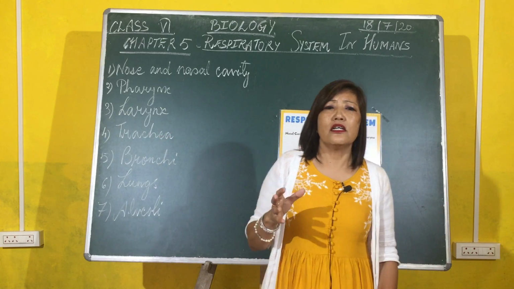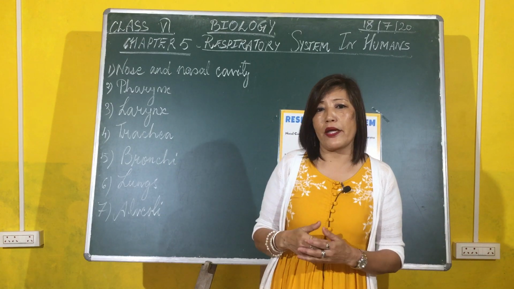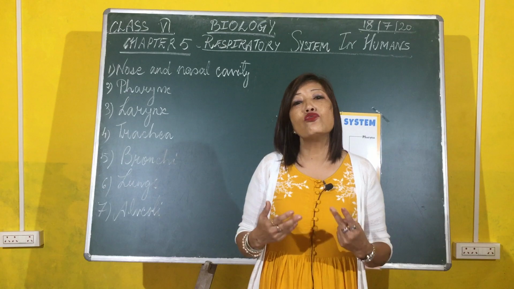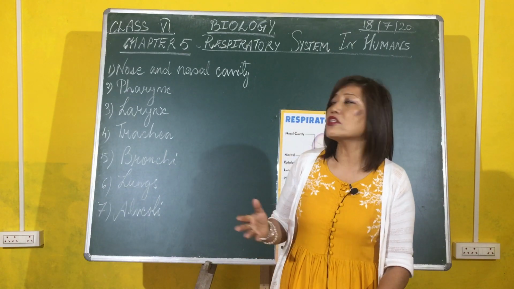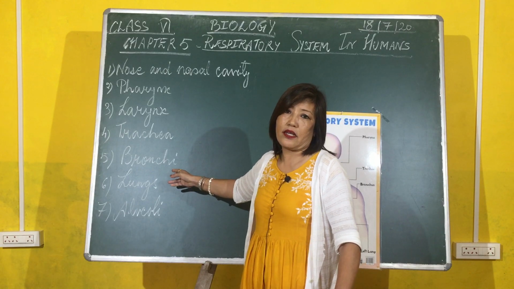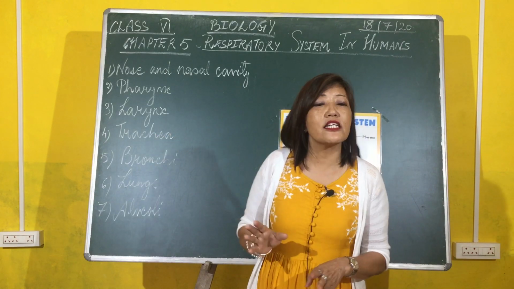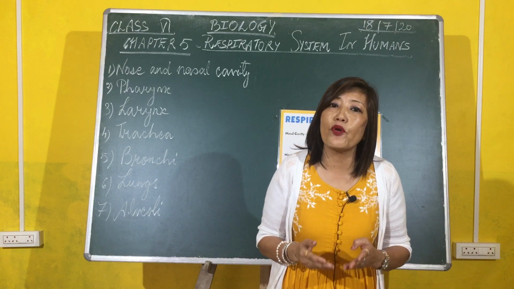The trachea is a tube-like structure which is also called the windpipe. And this trachea is divided into two parts and they are called bronchi. Bronchi is the plural form; the singular of bronchi is bronchus.